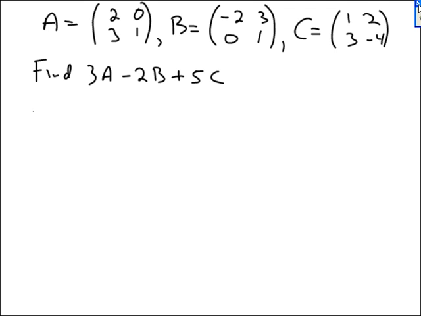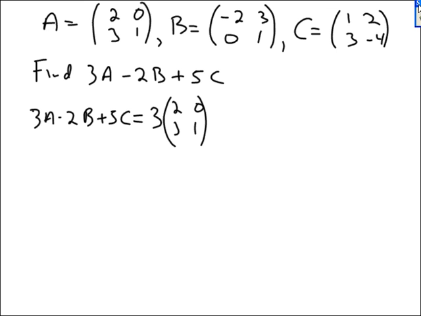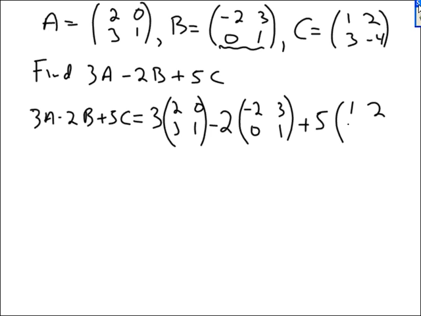So it's 3A minus 2B plus 5C equals 3 times A, and A is this matrix, minus 2 times B, B is this matrix here, negative 2, 3, 0, 1, plus 5 times matrix C, which is 1, 2, 3, negative 4.